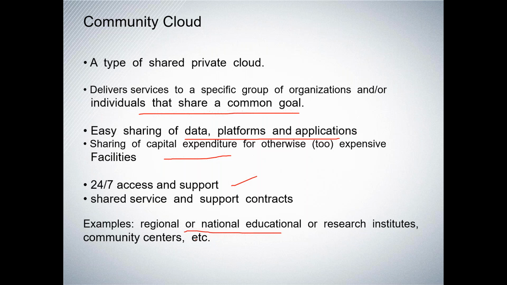Another example of community cloud is carpooling. Suppose near your home, three or four people who live there go to the office every day. Instead of everyone taking one car each, they carpool.